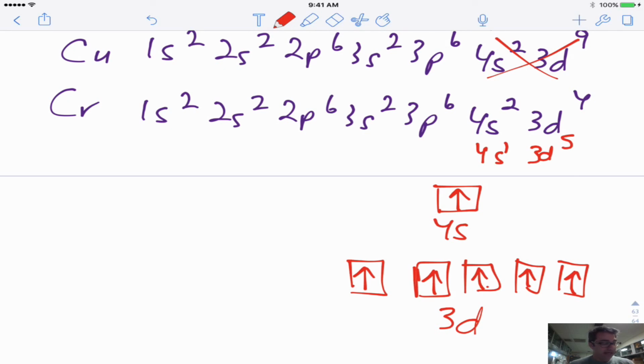And that is because now they're spread out over individual orbitals. Spreading them out over individual orbitals is kind of like an extension of Hund's rule, except now we're doing it across 2 levels. We're doing it across 4s and 3d. This minimizes the repulsion. This increases the stability. Now there are other elements in the D block that do this, and you don't need to know them. For the SAT subject test and also for the IB exam, they expect you to know copper and chromium though.